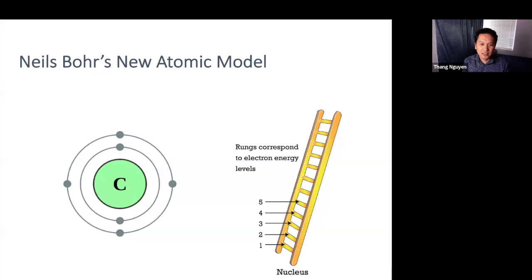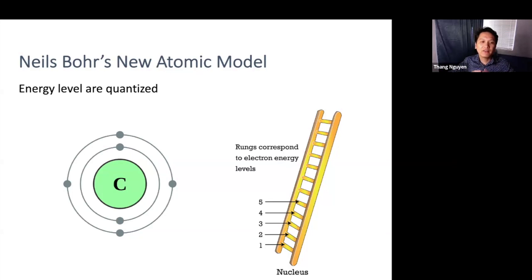It turns out electrons live in discrete levels, called quantized, meaning no electrons can live in, say, level 1.5. They either live in level 1 or level 2 or level 3, not in the middle. Not only do they live in these discrete levels, but each level has a maximum capacity.